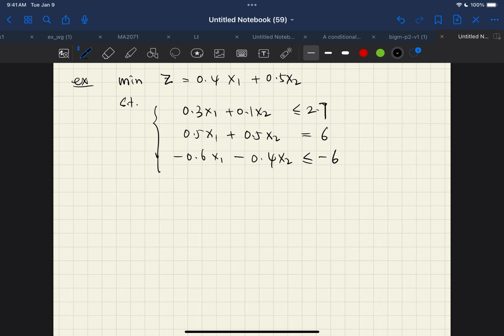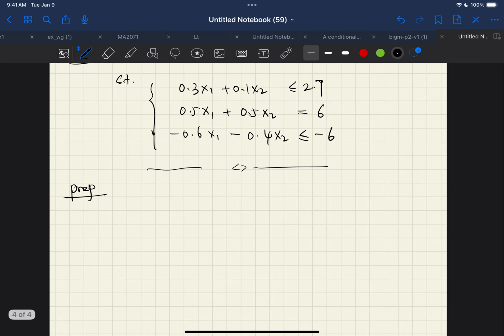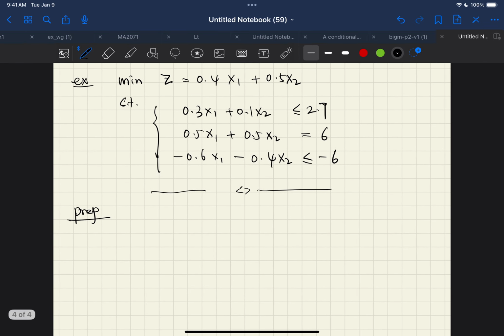But here, when we start the BigM method, we first need to prepare everything we need. So the first thing we want to do is standardize the problem. One, we want to make the minimum problem a maximum problem.